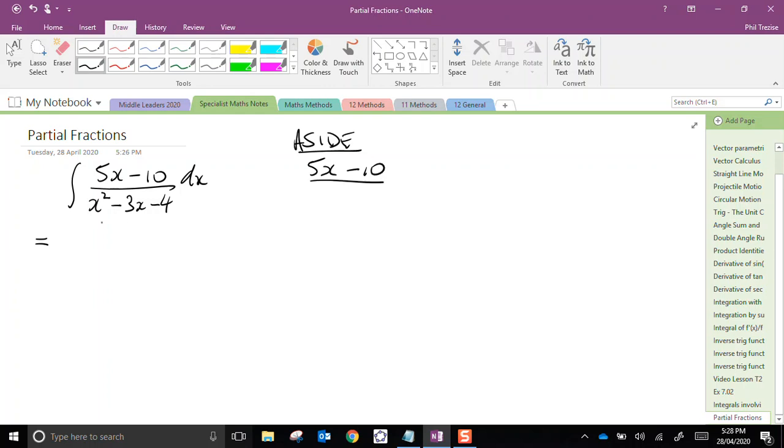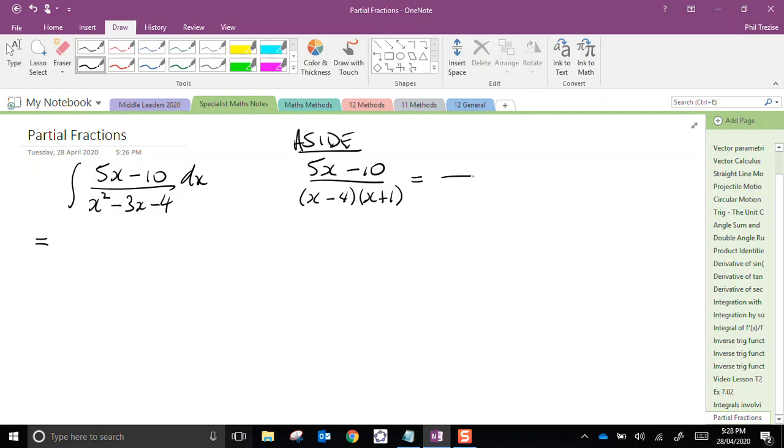Now I'm going to see if I can factor this quadratic, and I think I can, because the numbers negative 4 and positive 1 would add to give the middle value, and they would multiply to give this. So that is factored as x minus 4, x plus 1.